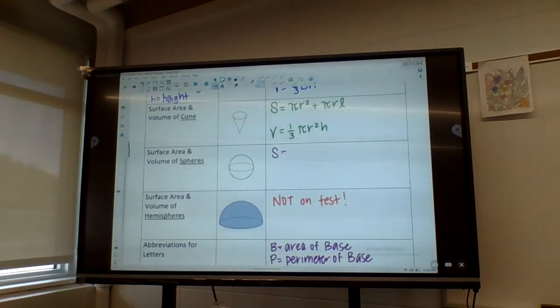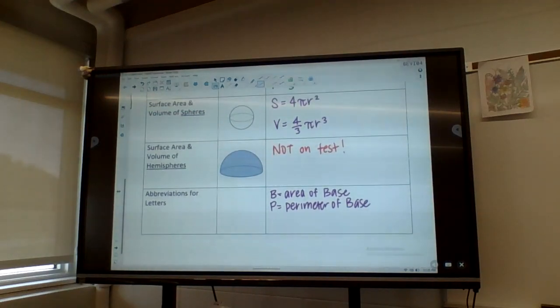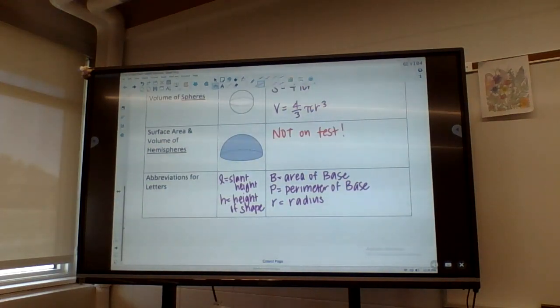So our surface area of our sphere. So some different abbreviations that we use.